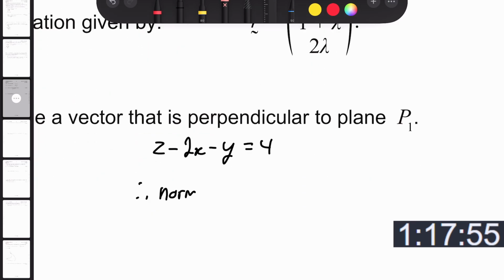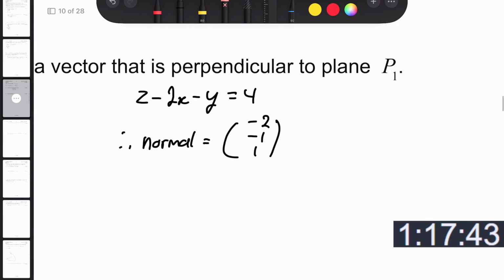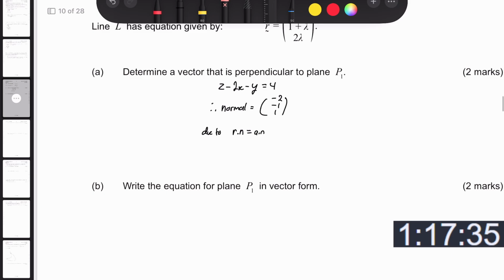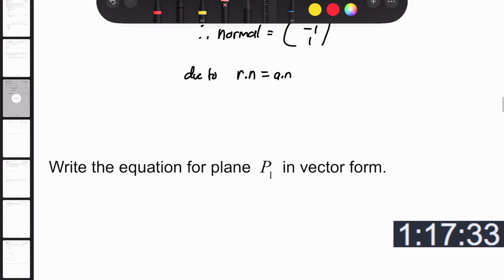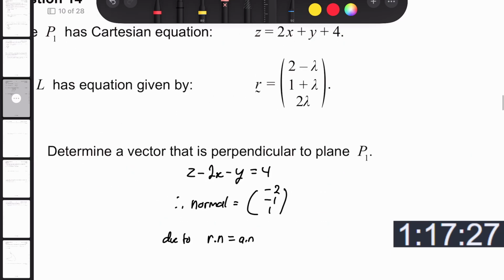Therefore, normal will be negative 2, negative 1, 1, for x, y, and z. Plus due to r dot n equals a dot n. Okay, write the equation for plane P in vector form. We have r dot (negative 2, negative 1, 1) equal to 4.